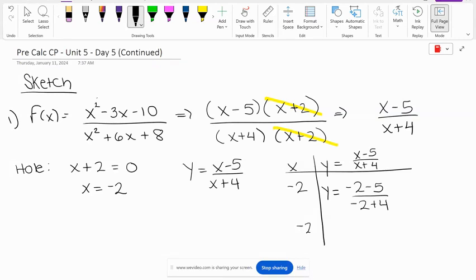So then we're going to get y is equal to negative 7 over positive 2. As a decimal, what's negative 7 over positive 2? Negative 3.5, right? So our hole will be negative 2 comma negative 3.5.